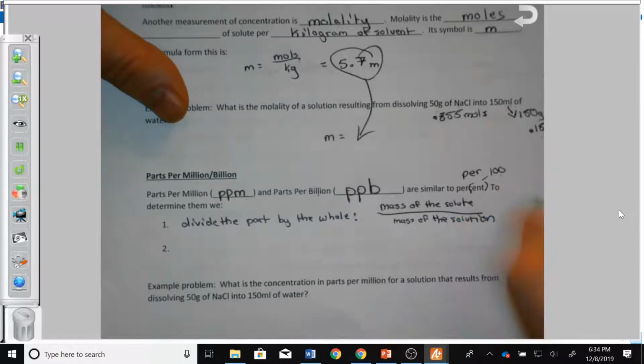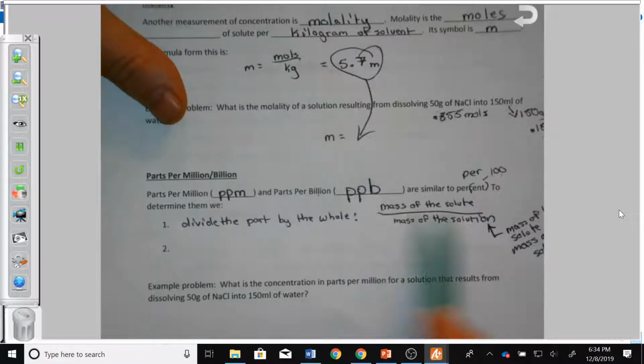And mind you, just keep aware that the mass of the solution is the mass of the solute plus the mass of the solvent. So we have to add those two things together in order to find the mass of the solution. Then we divide the mass of the solute by that mass of solution.